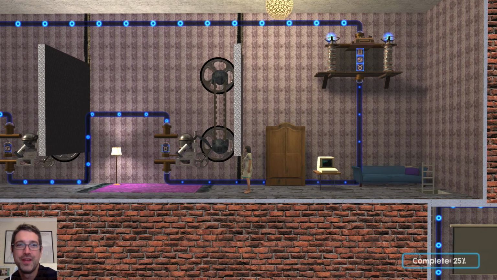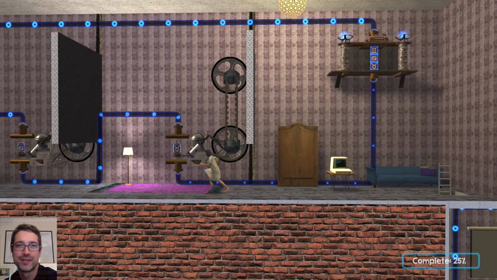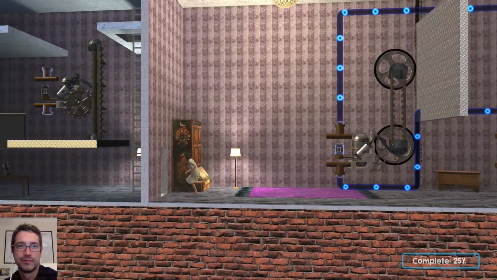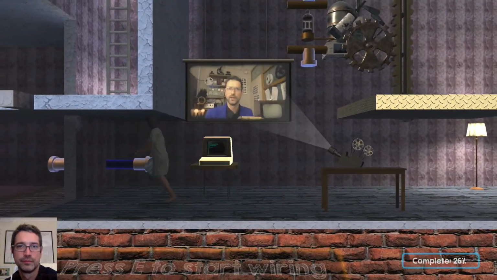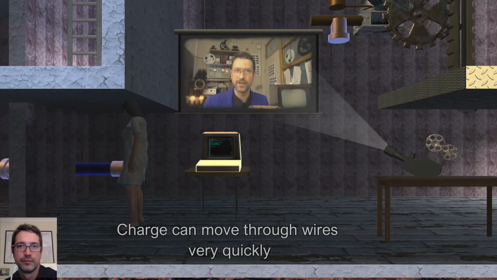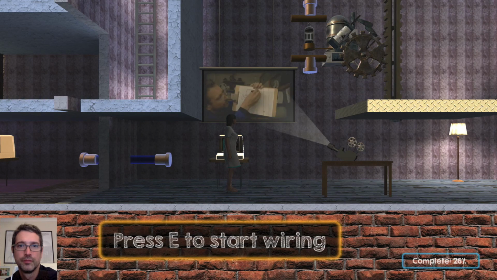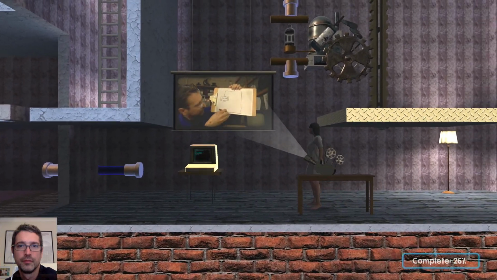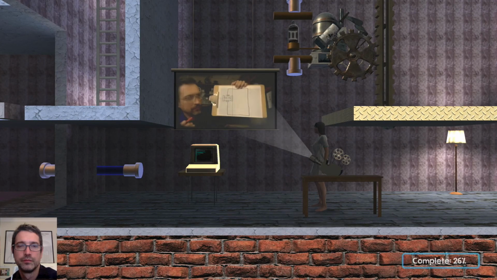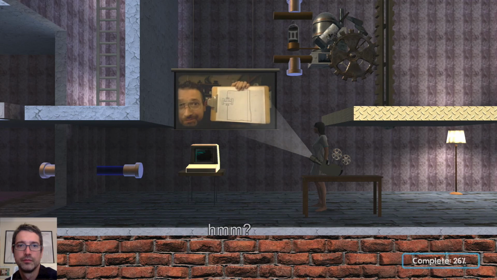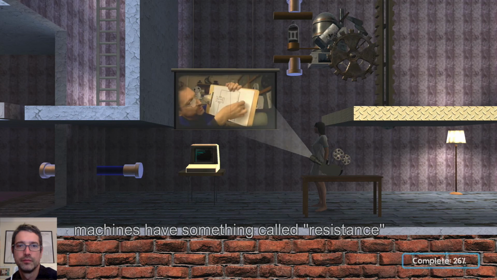And hopefully people notice that the machines run quite a lot slower when we do this. Charge can move through wires very quickly. Remember your short-circuiting adventure? Well, machines have something called resistance.